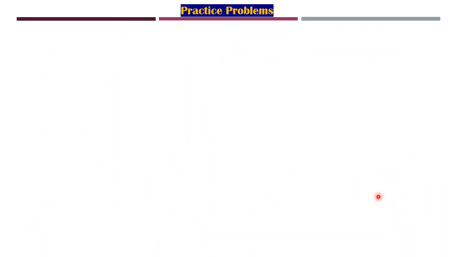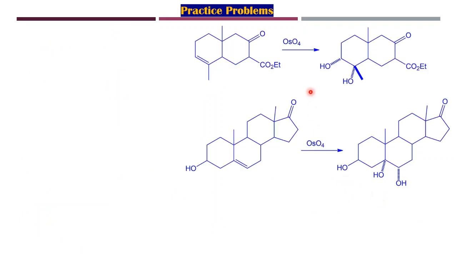Few more examples. Osmium tetroxide is used only. So over here, this is the alkene bond and the OH groups will be placed downwards. Similar reasons, osmium tetroxide is only used again because of steric bulk.